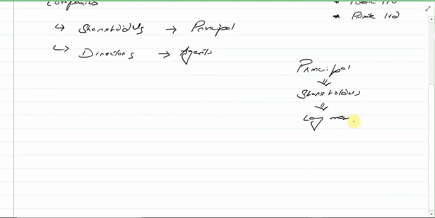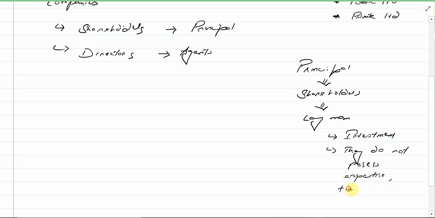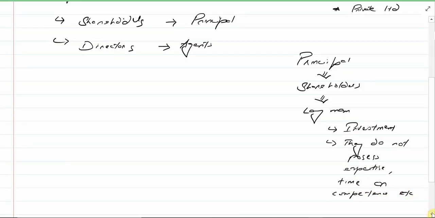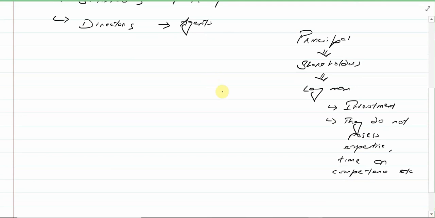Layman means that they have investment, but they do not possess the expertise, or they do not have the time or competence to run the company. This is the general thing. Although there are companies in which the shareholders manage their companies, that is the private limited companies. But generally, when we talk about companies, we are talking about public limited companies. So the shareholders are assumed to be laymen.